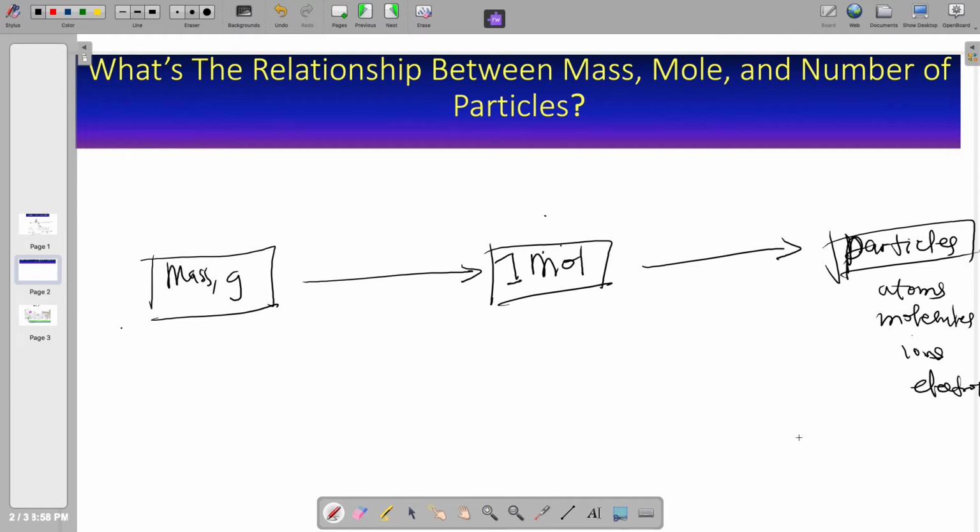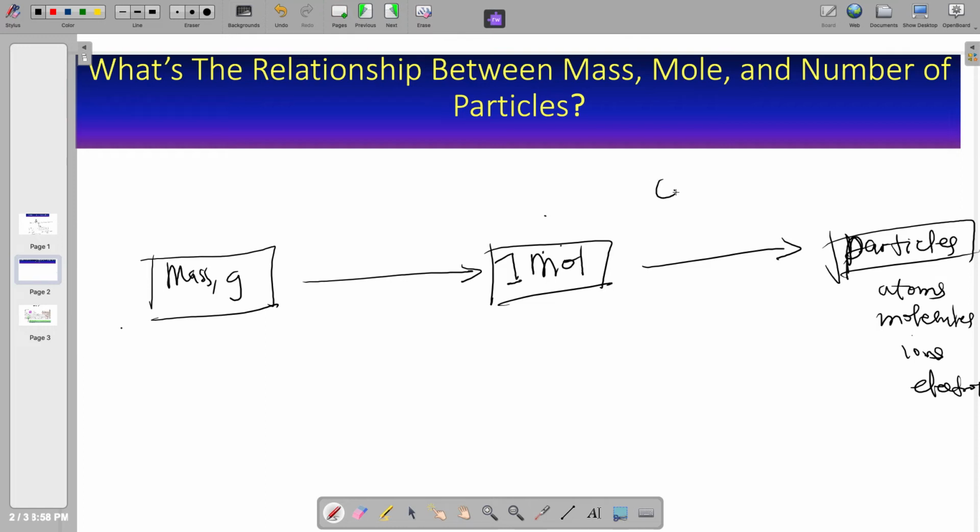So from our definition, we said 1 mole of any substance contains Avogadro's number of particles. So meaning we can have one of the conversion factors that we wrote earlier written here. So we would say if we want to go from moles to particles, we have to multiply by Avogadro's number per mole.